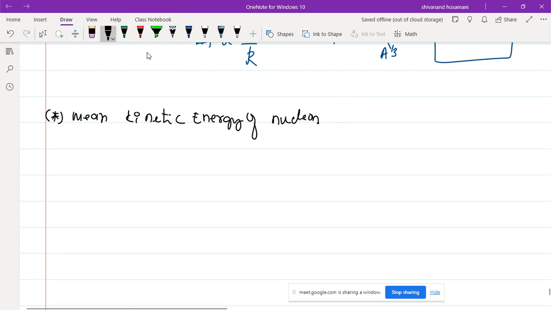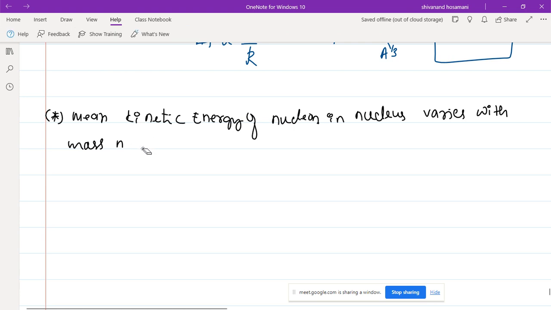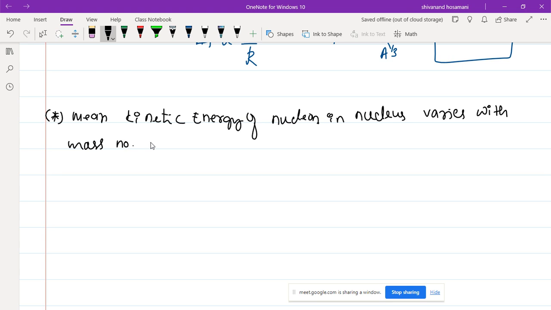So in the nucleus it varies with the mass number as A to the power of n.